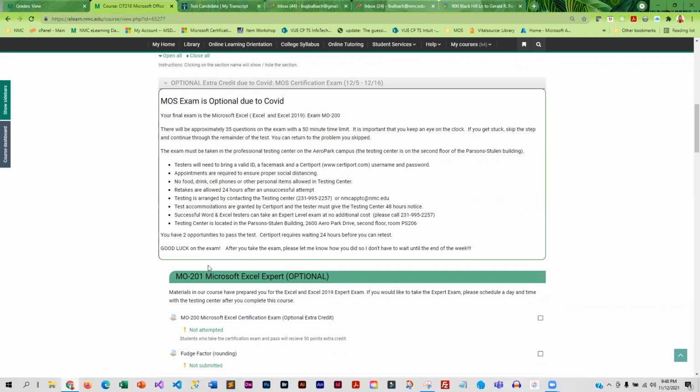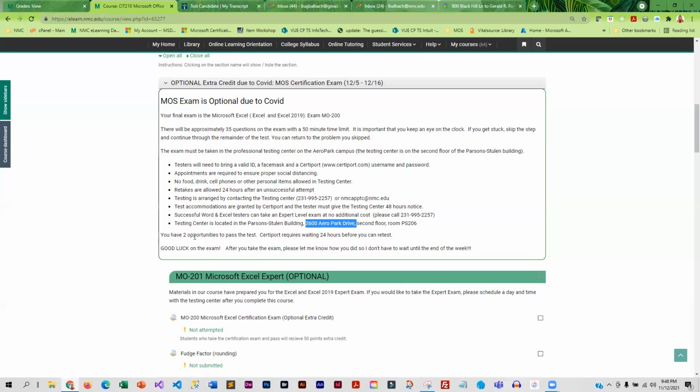So I will post their information as soon as I have it. And you will need to schedule the time with them. And then this is just some reminders that they have. And the test is at the Aero Park campus in the Parsons Doolin building. This is the address, and it is on the second floor.